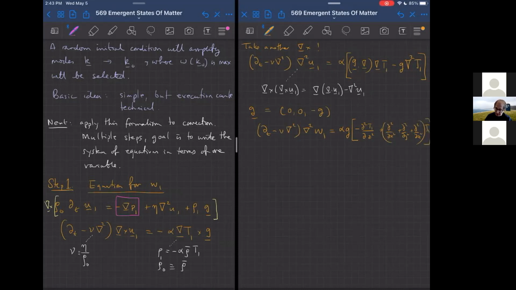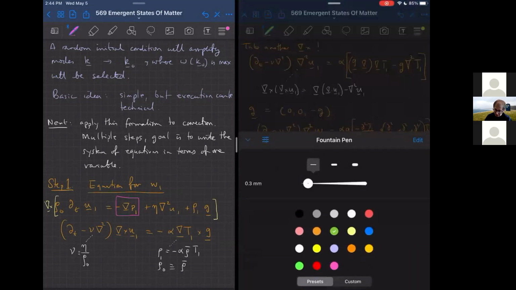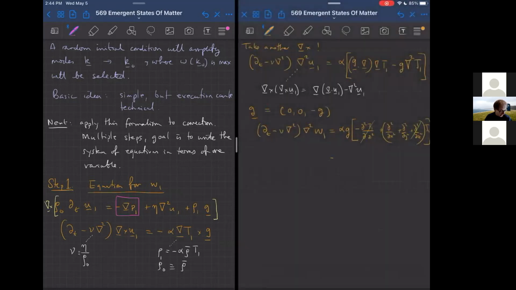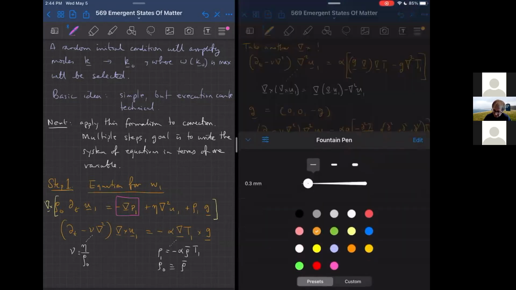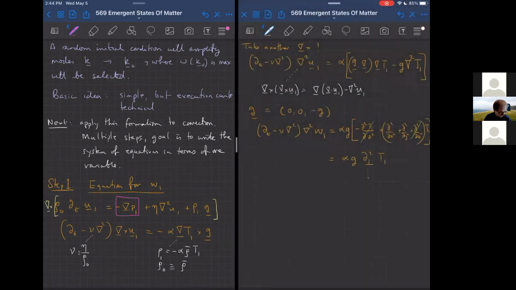Of course, we're going to get a cancellation between this term and this term over here. What we end up with is simply alpha G times the perpendicular Laplacian, which I'll write as del perpendicular squared, equal to dx squared plus dy squared. And so we have simply that simple operator.